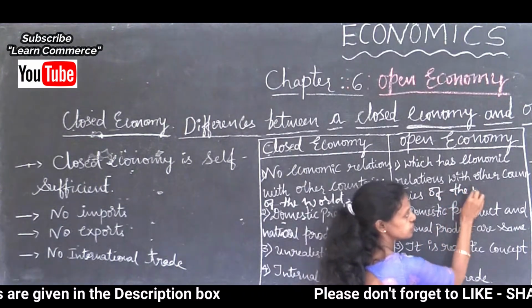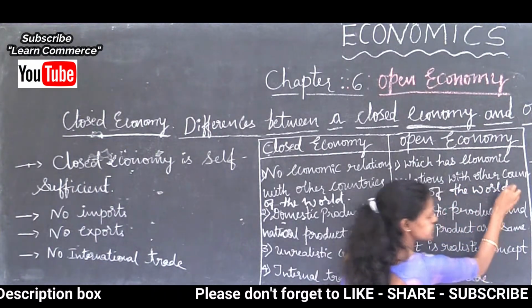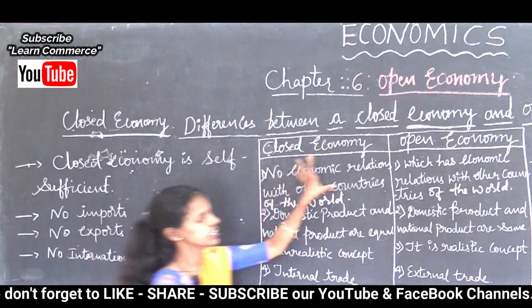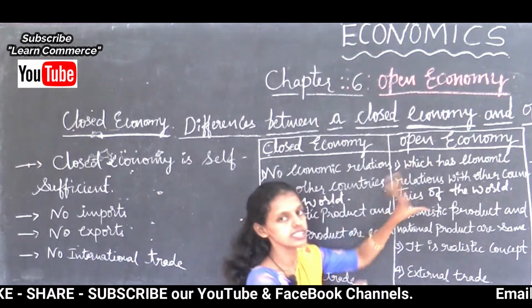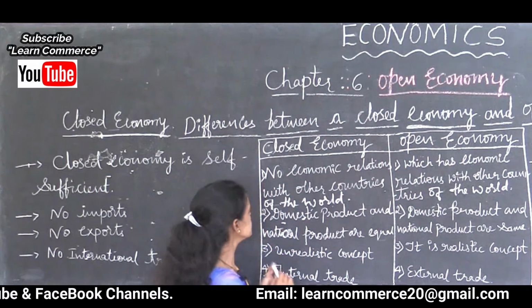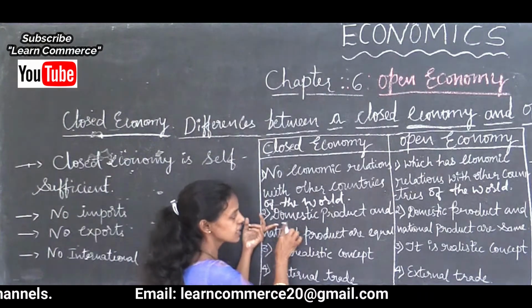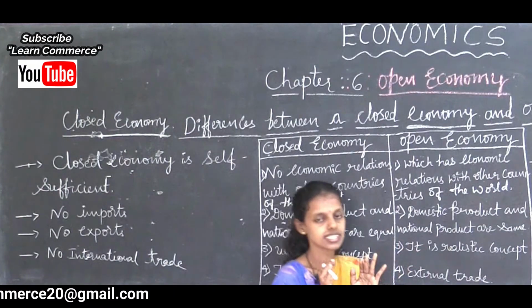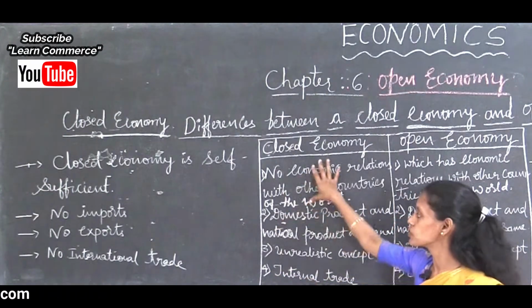So in a closed economy there is only internal trade, while in an open economy there is international trade taking place. Thus, the second difference is that domestic product and national product are the same or equal in a closed economy.